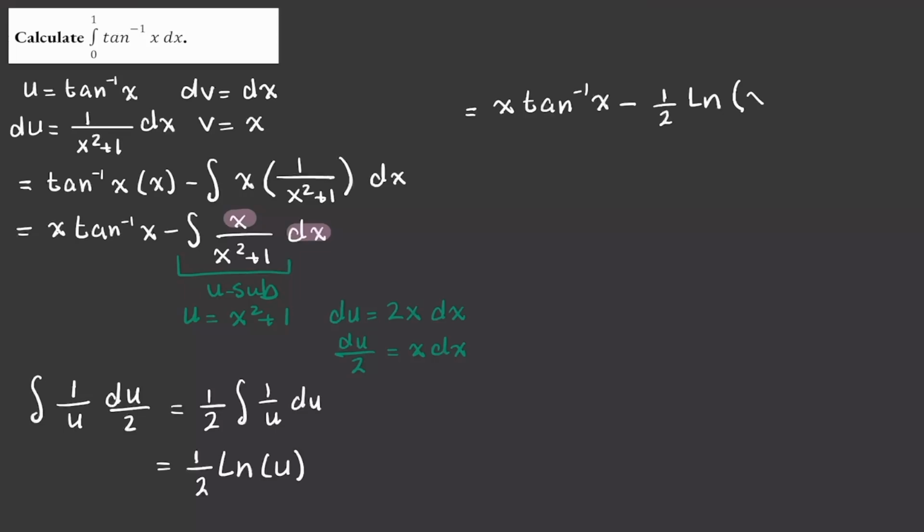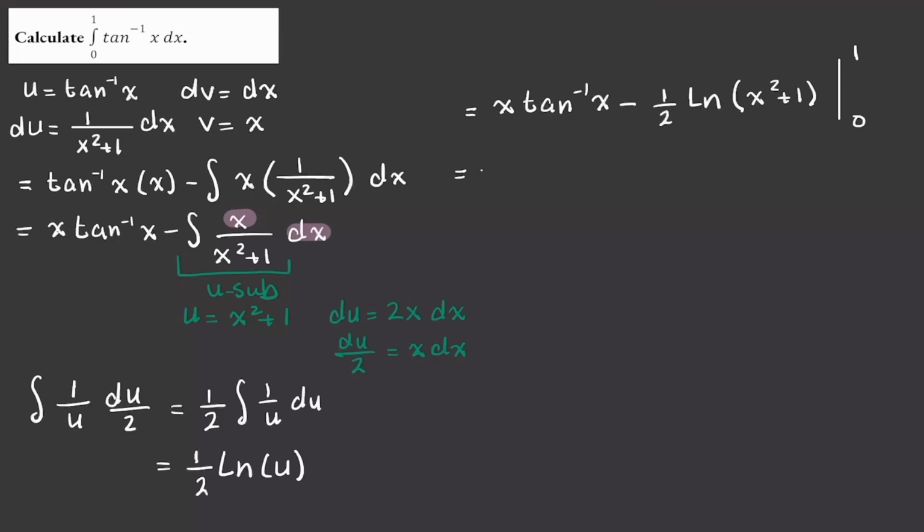So I know that u is x squared plus 1. Now I don't need the plus C here, because I do have the condition that I'm going to apply, which is from 0 to 1. So for every x, I am going to input 1, and then I will subtract the function again, but instead of x, I will put 0.